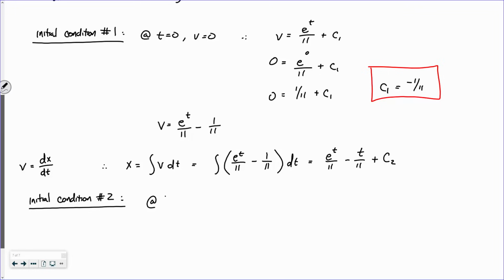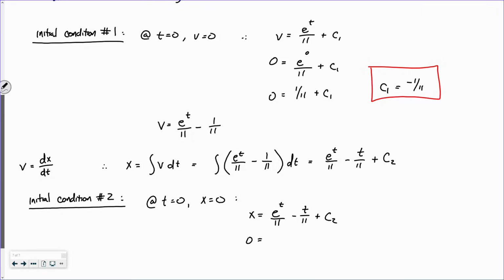At t equals 0, x equals 0. So x equals e to the t over 11 minus t over 11 plus c2.